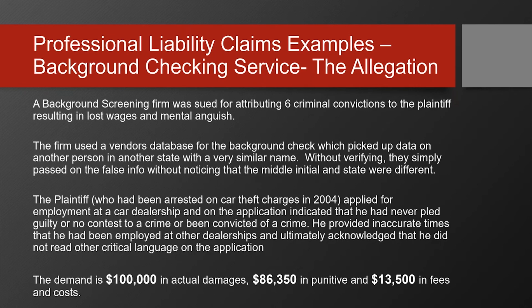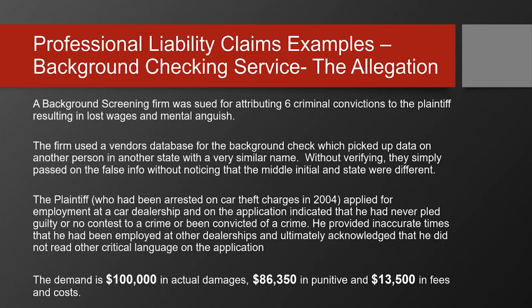The second one is a background checking service. Long story short, the background checking service was hired to check the background of people working at a car dealership, and they ran the wrong name. They didn't verify it. They ran it through, and they missed a bunch of things.